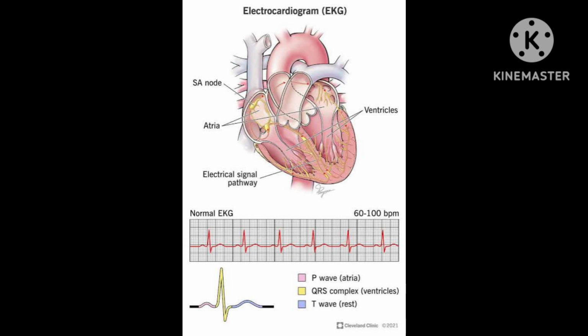As a result, what will happen? Due to the uncoordinated manner, the heartbeat becomes very fast. Then, as a result, the heart does not pump blood to the rest of the body. This is an important thing here.